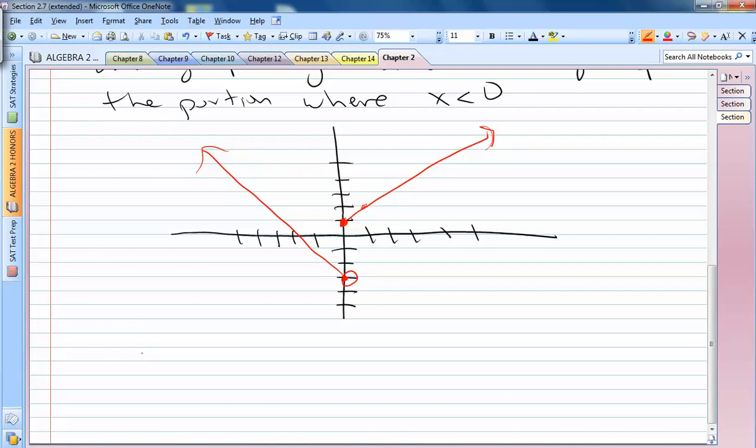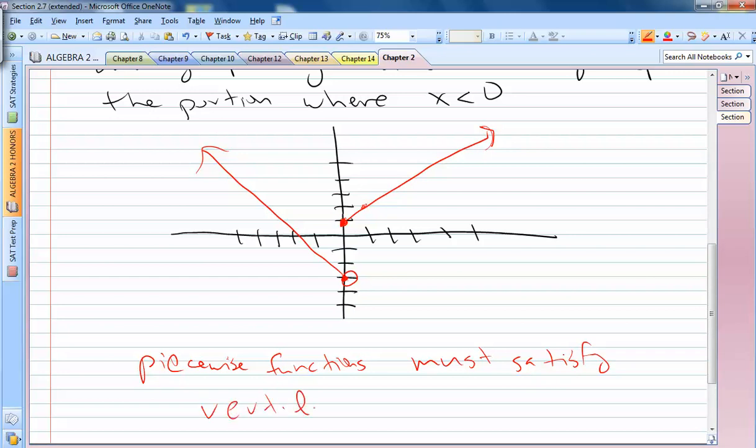Another thing you want to keep in mind is that piecewise functions must satisfy the vertical line test. That's because they are functions.